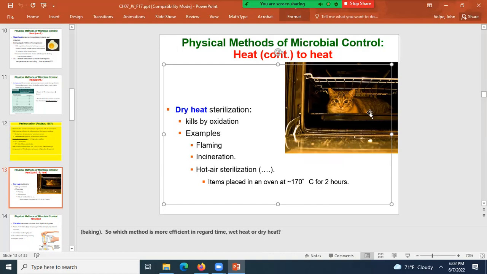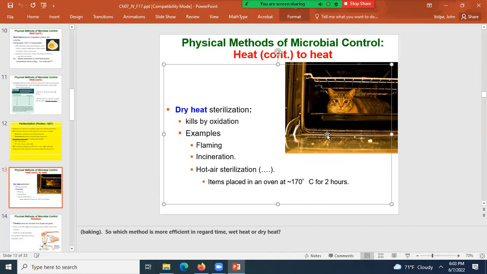And this cat is trying to show you that dry heat is not very effective at killing microbes, meaning the cat climbed into the oven because it likes the warm oven. And you all know that dry heat is not as effective as wet heat.